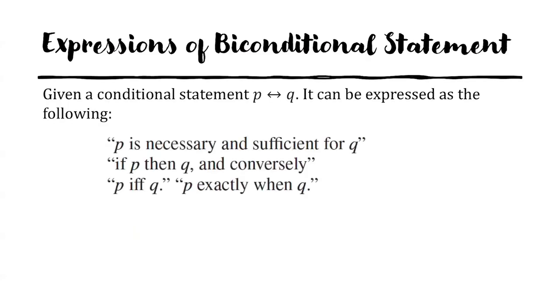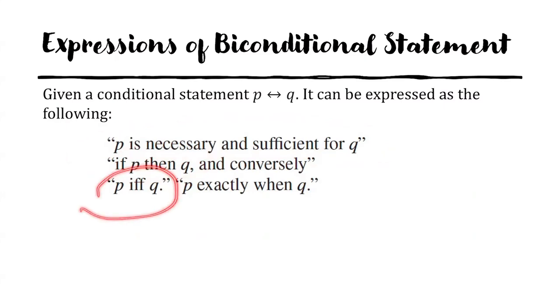Okay, and besides translating P and Q as P if and only if Q, you can also translate it as P is necessary and sufficient for Q, or the other way around. You can also say if P then Q, and conversely. This means if P then Q and if Q then P; it goes both directions.